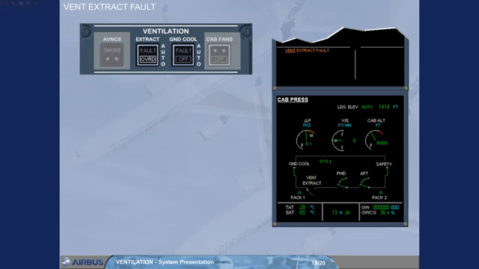When you switch to override, the amber fault light in the extract push-button switch goes off and is replaced by the white override light, and the blue action line on the engine warning display disappears.